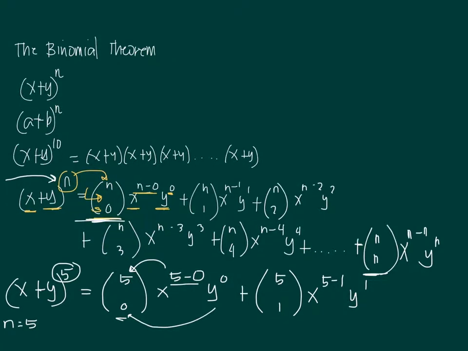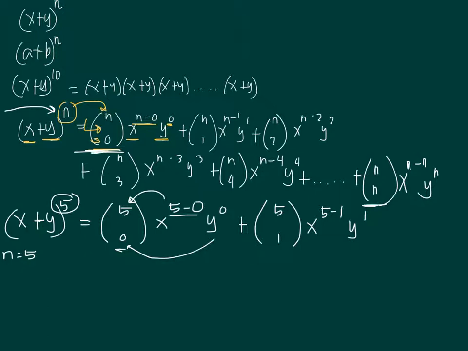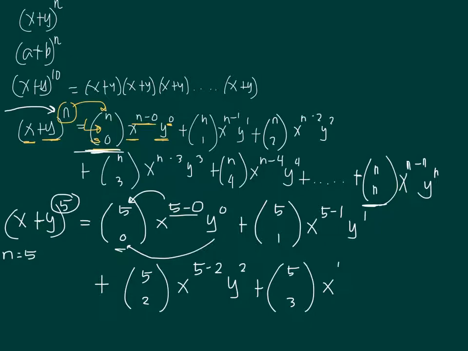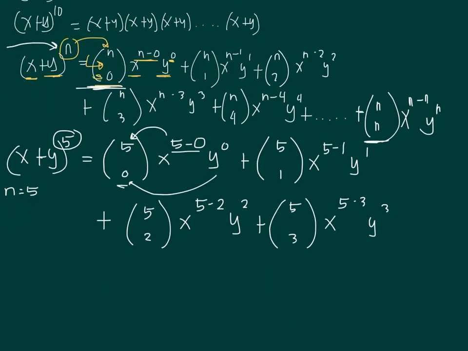And then again, just continue. The following term will be 5, 2, and then x gets 5 minus 2, and then y gets the 2, plus this time 5, 3, and then x gets 5 minus 3, and then y gets the 3. And then again, just continue expanding.